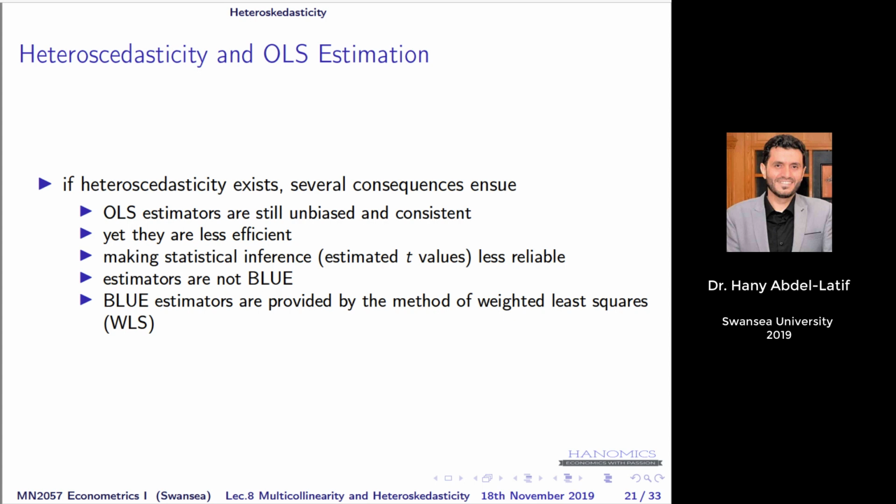But for now, let's agree on what heteroskedasticity is, what it means, the reasons we would have heteroskedastic errors, and what the implications are. So our assumption is that the error variance is constant. The problem is when it is not constant.